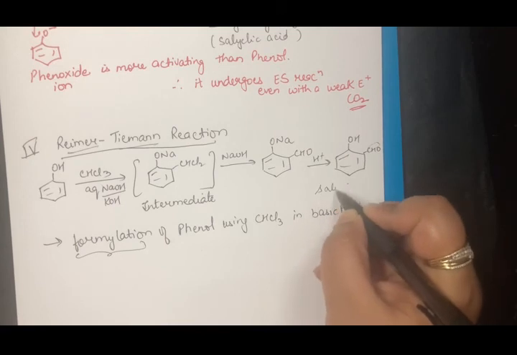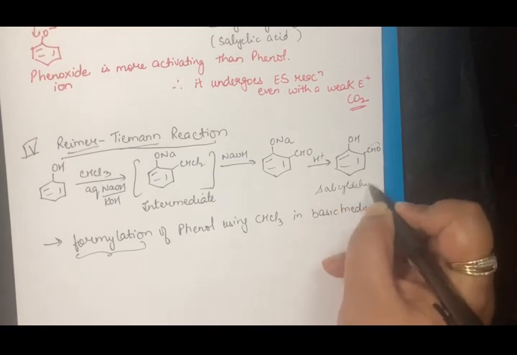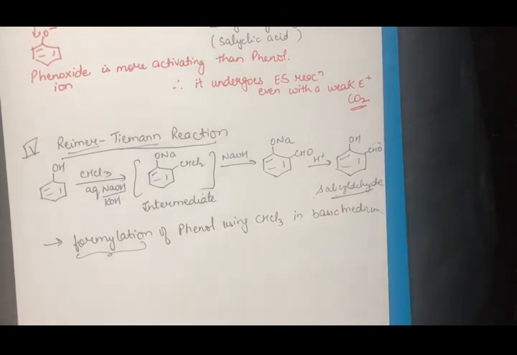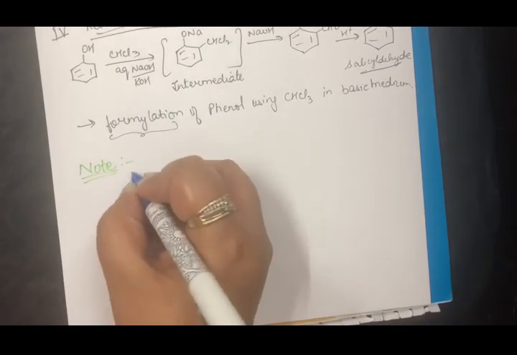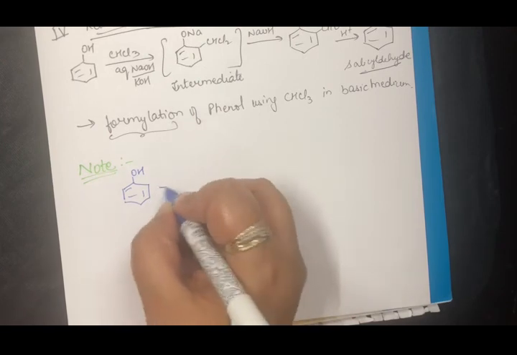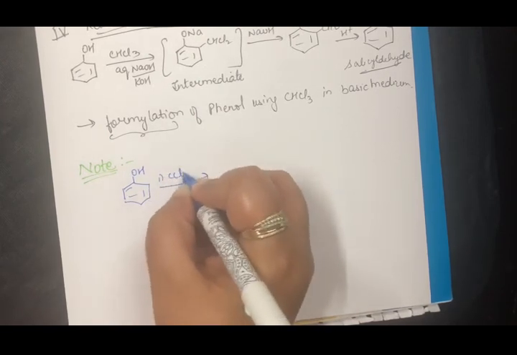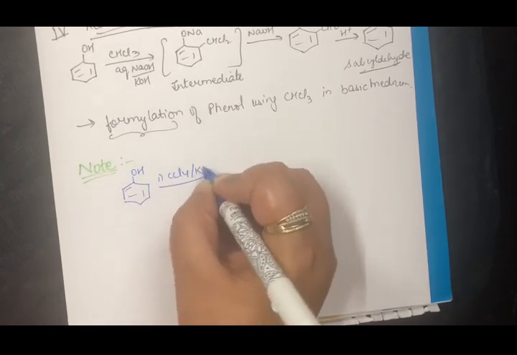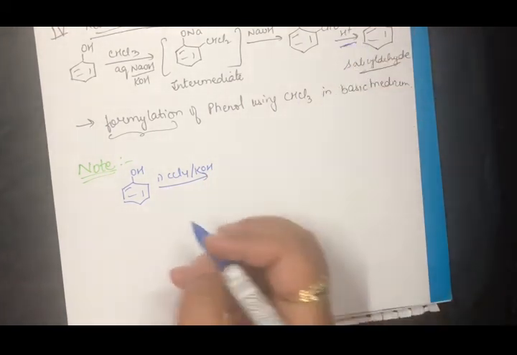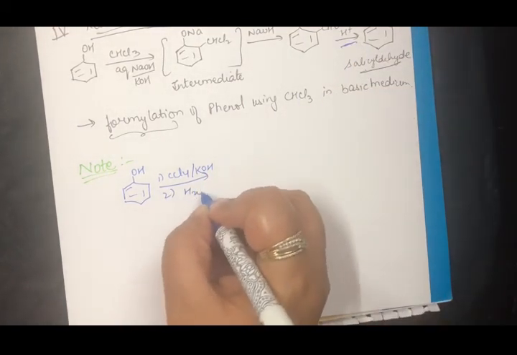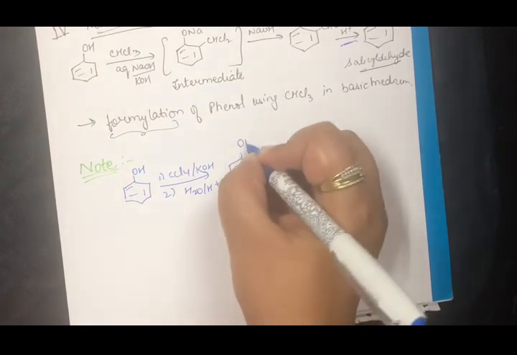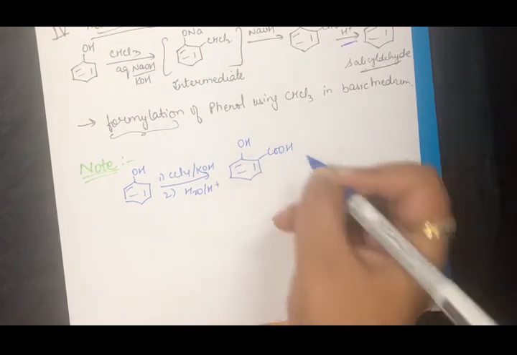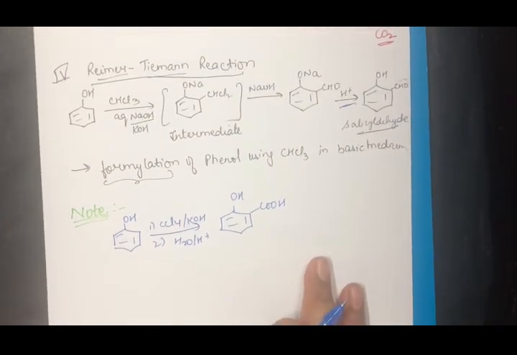Also it is called salicylaldehyde. Also please note here that whenever the Reimer-Tiemann reaction occurs with phenol with CCl4 and a base and then followed by hydrolysis, it gives us salicylic acid and not salicylaldehyde. This is the difference between both of them.